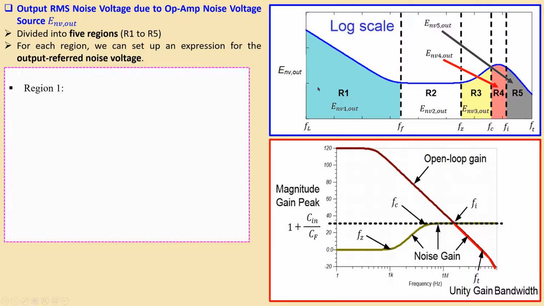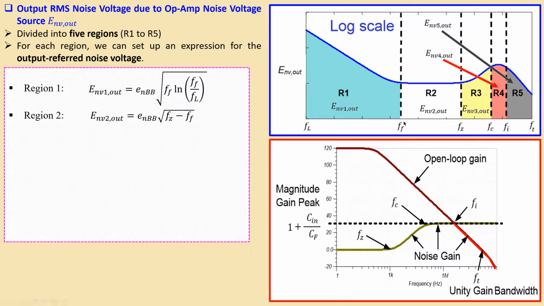Okay, region 1, R1, is determined by this expression, which is also shown here: the broadband noise voltage spectral density times the square root of that frequency here. We also need the ln of that frequency divided by the lower bound frequency. You can select this as 0.1, for example, from your datasheet.